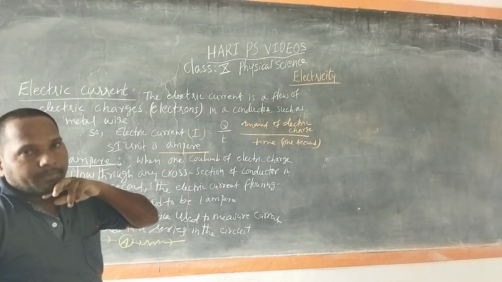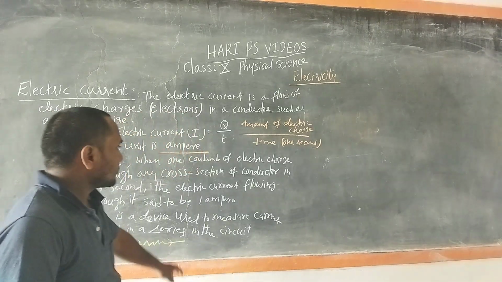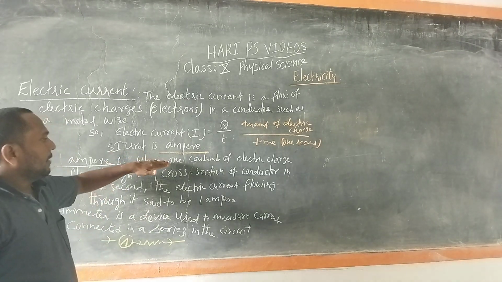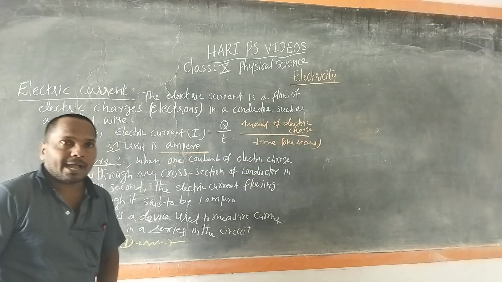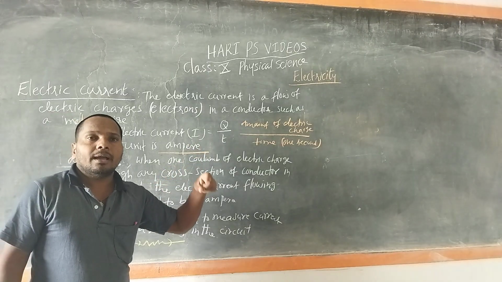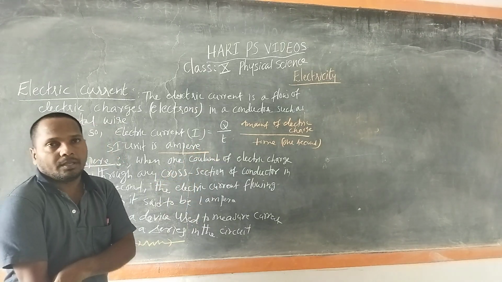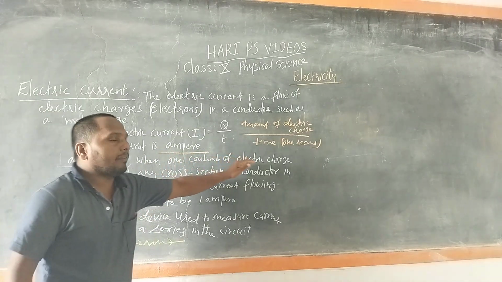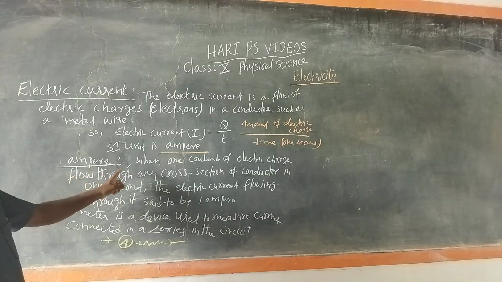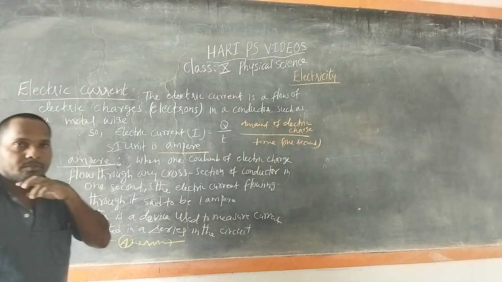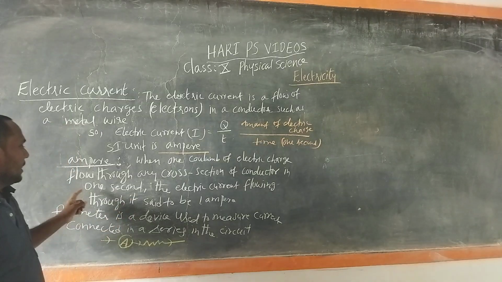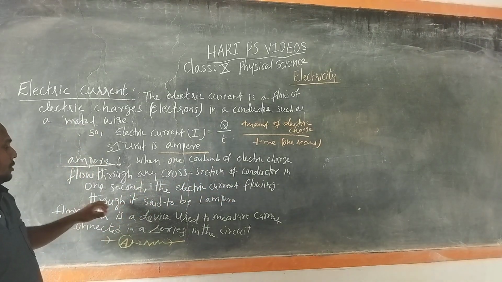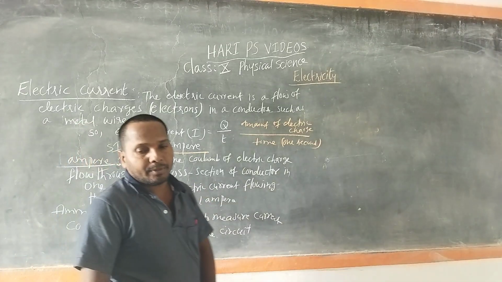Ampere is a scientist's name. So what is meant by 1 ampere? 1 ampere means when 1 coulomb of electric charge, coulomb being the SI unit of electric charge, flows through any cross section of a conductor in 1 second, the electric current flowing through it is said to be 1 ampere.